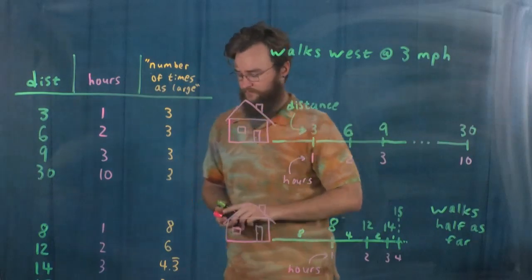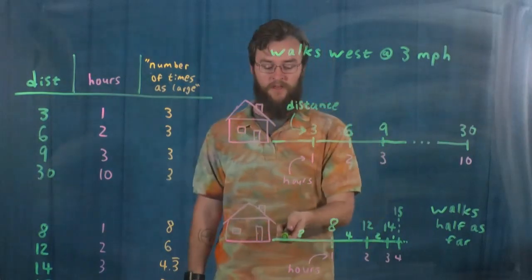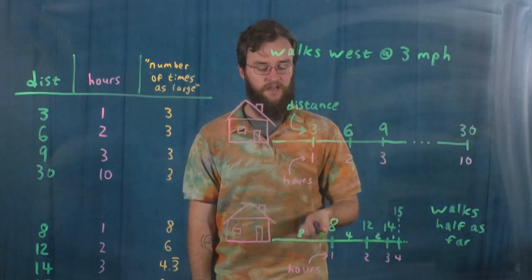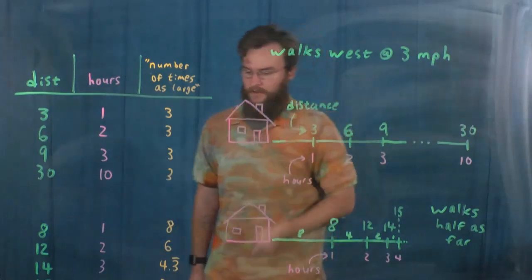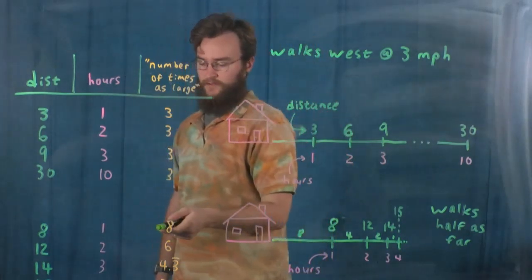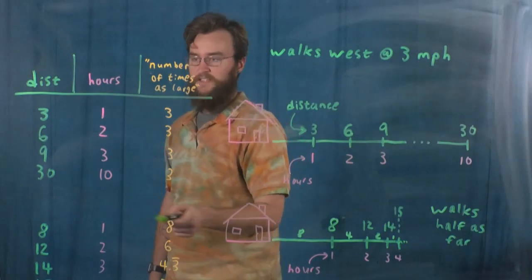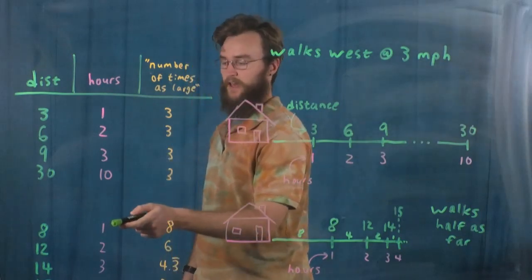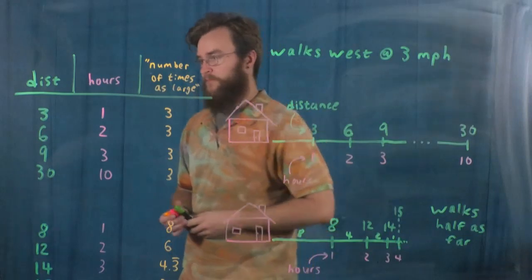But in this example, where Levi is not traveling at a constant speed, for the first hour, the distance they've traveled is 8 times as large as the number of hours they've been walking.